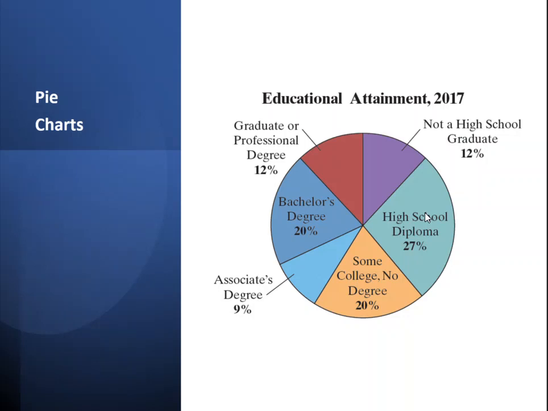So if I'm comparing categories to each other, a pie graph is not the best display. Instead, a bar graph is going to be the better display. Pie charts are useful typically when we want to think of one possible value out of the entire picture.